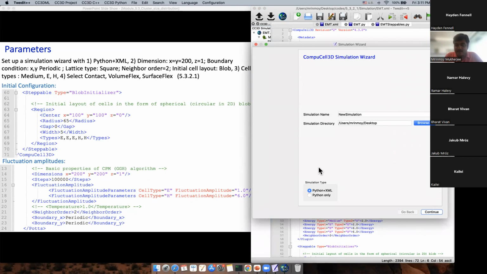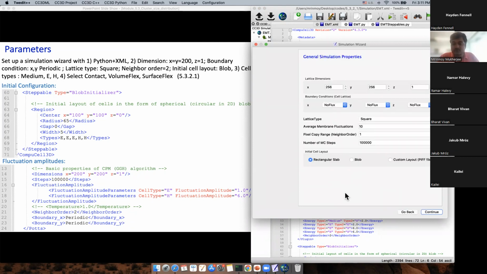So first, just choose your name and the folder and use the Python plus XML option. Let me know if you are not going with the flow. Then we'll choose box size as 200 for the sake of time. It is better to have a larger box for this kind of simulation, but when I show the result, I will show it for the larger box.